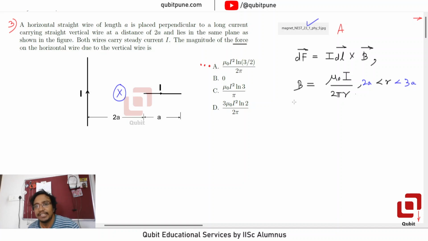Let me just write down the expression for the integral. Net force will be equal to the integral, with limits L going from 2a to 3a. Now I can take the magnitude, because I know that for all of these smaller lengths dl, the force will be directed upwards.